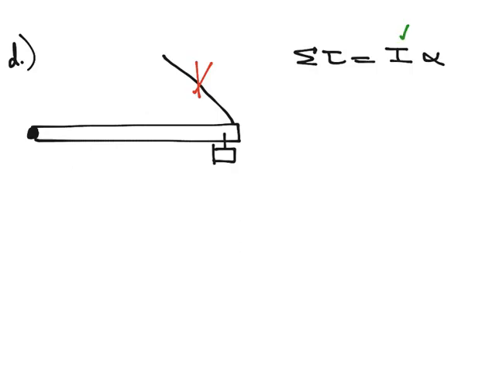So we have I, and we can calculate sigma tau. The only thing is we get rid of the tension. Okay, and the other thing is, because it says about the hinge, so what will its acceleration about the hinge be? We need to use this as our pivot point.